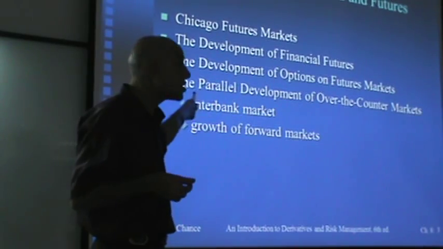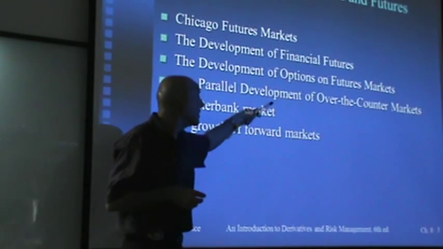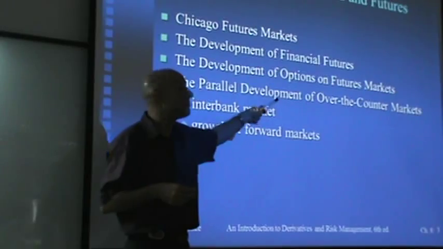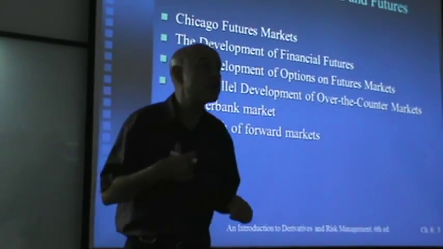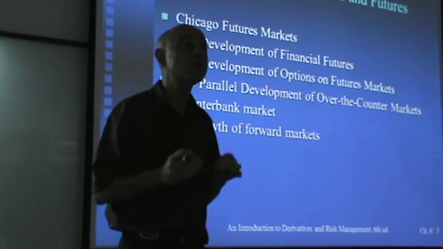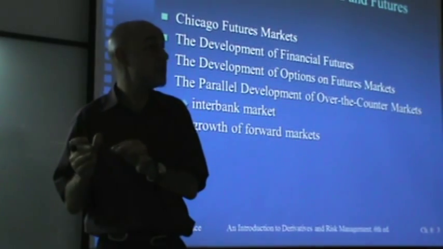Okay? So, futures market had a tremendous rise. But the main advantage back then, as well as today, of over-the-counter market is that when you're dealing with a bank, you get a customized contract. The contract can perfectly suit your specific needs.